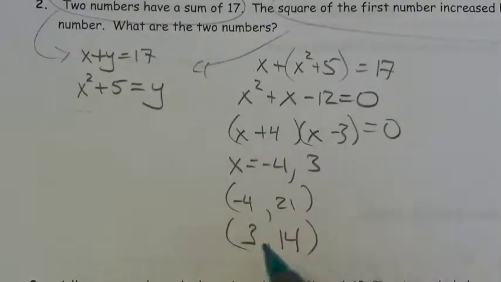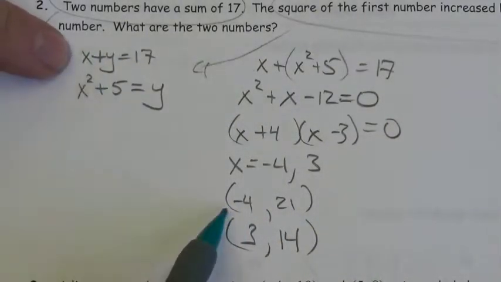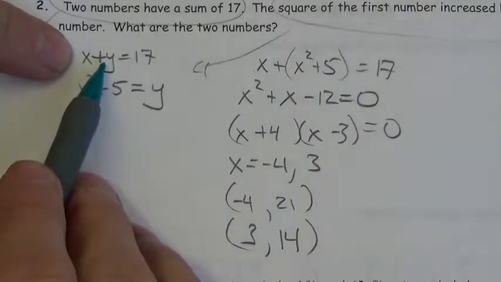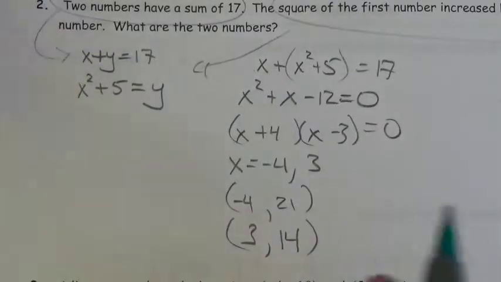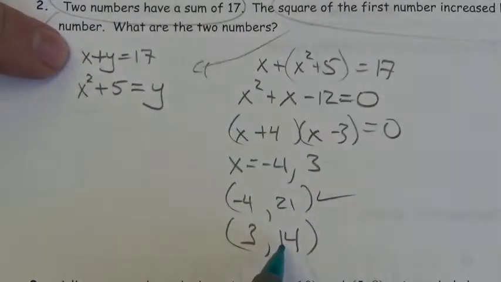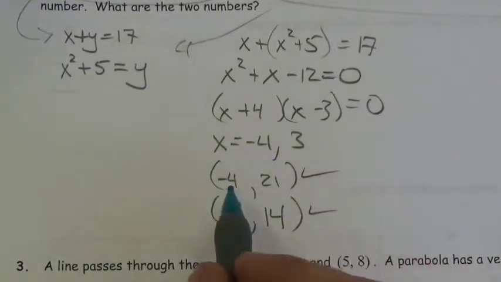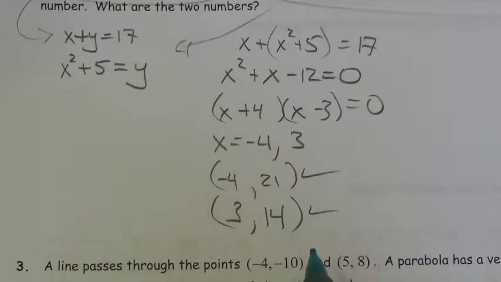Now, do those points work? Well, plug them into the other equation that we didn't do. What's negative 4 plus 21? 17. Yeah, that works. What's 3 plus 14? 17. Yeah, that one works. So our two numbers here are either negative 4 and 21 or 3 and 14.